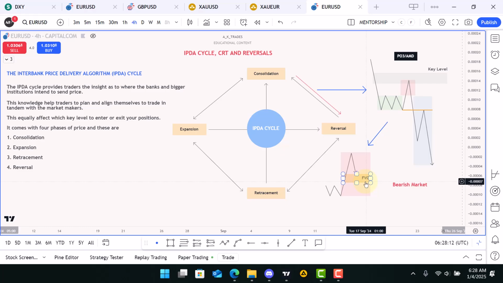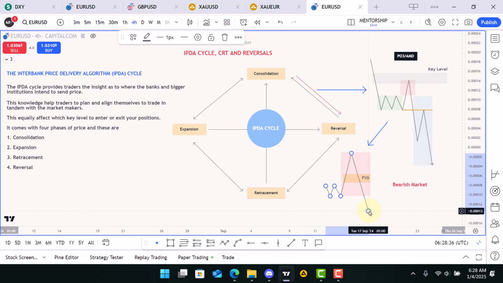But in most cases, this is just a manipulation to trick you into going bullish, even though the market is bearish. Now, they will place their positions here, they will enter the trades here, and before they realize, the market will just drive through their stop loss.